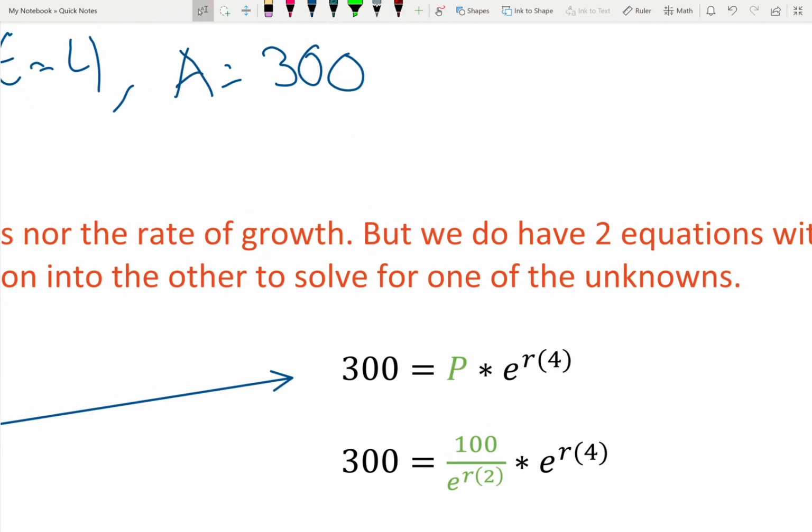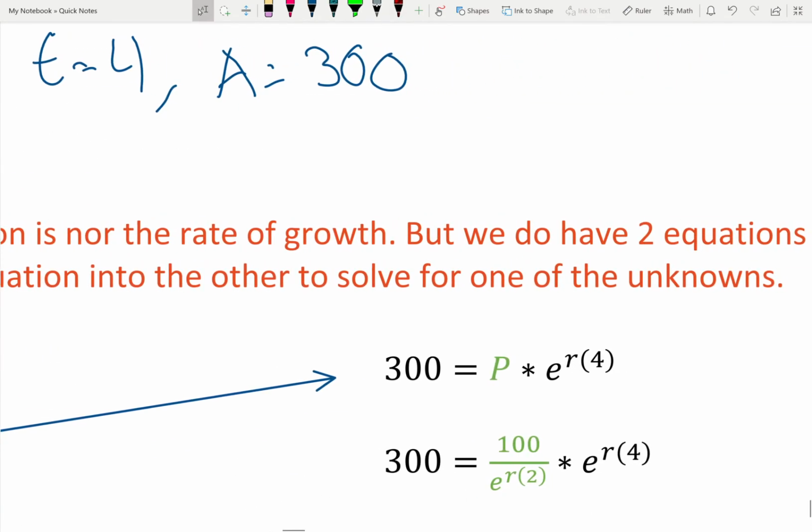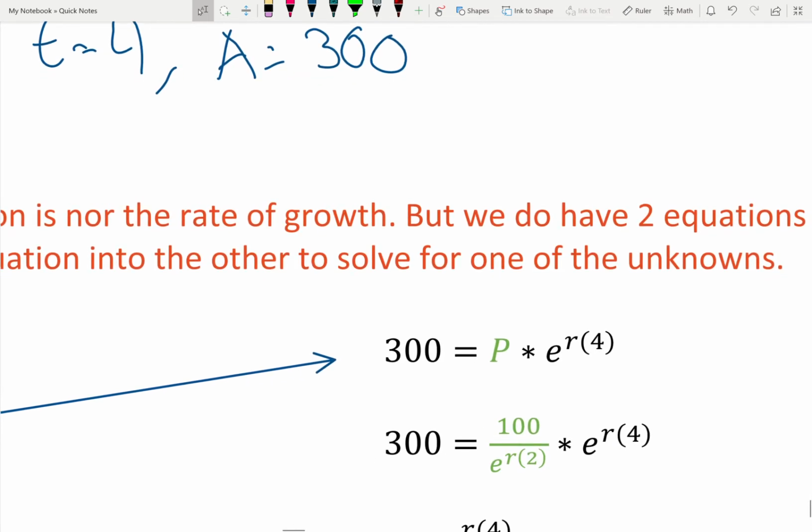I have 300, this is my second equation now, equals P times e to the 4r, and I'm replacing P with this P that I solved for over here. Hopefully everyone can see what I just did. So what am I left with? I'm left with 300 equals 100 divided by e to the 2r times e to the 4r.